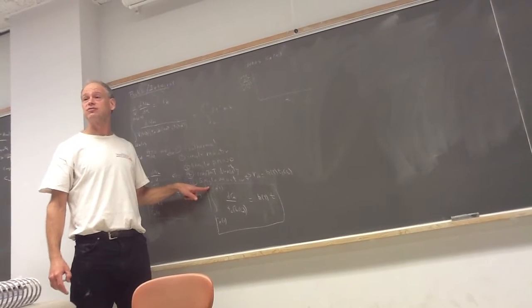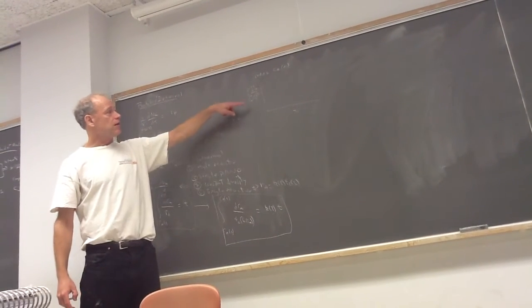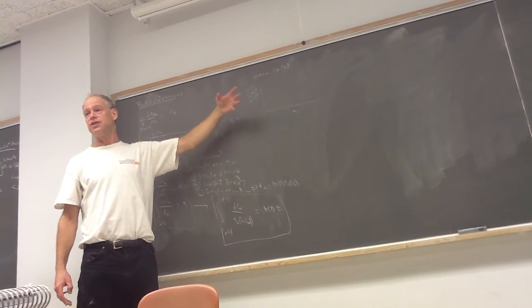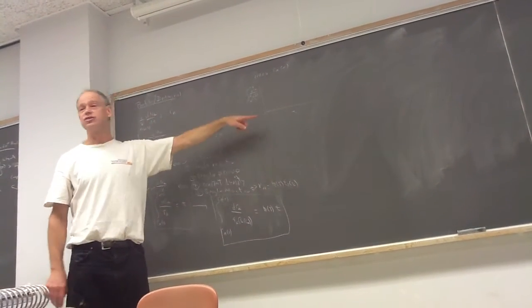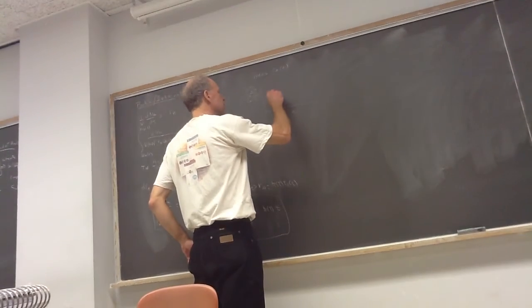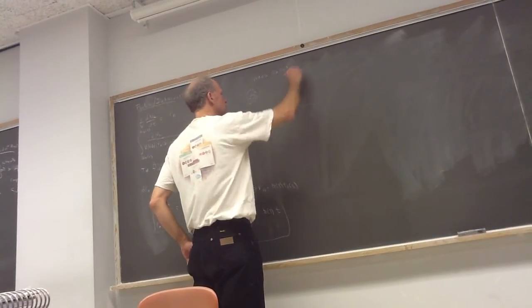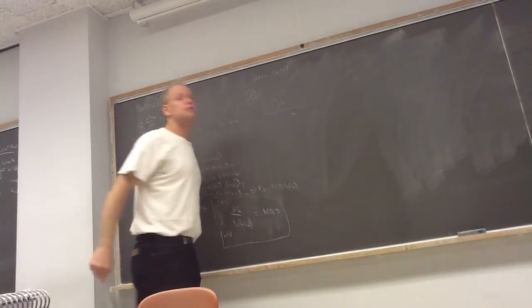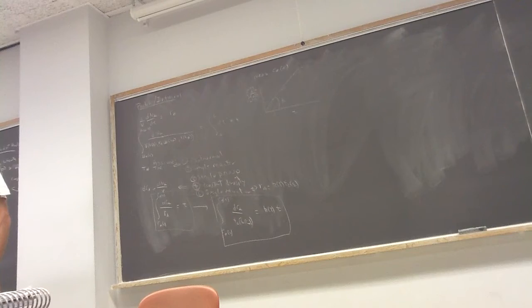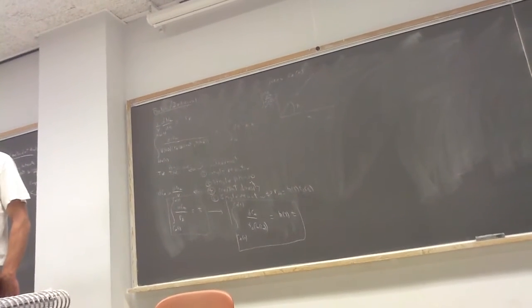The answer is a function of CA of T. So I plot that function of the measured CAs versus T, and hopefully I will get something that looks like a straight line with the slope K. If I get that, that means this mechanism is adequate. If I don't get that, it's not adequate.